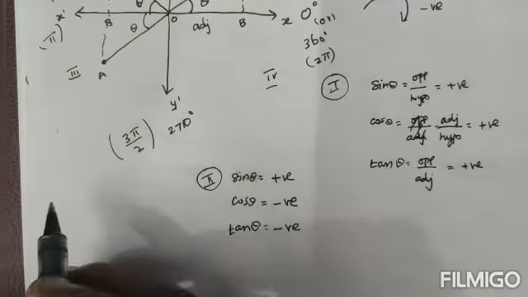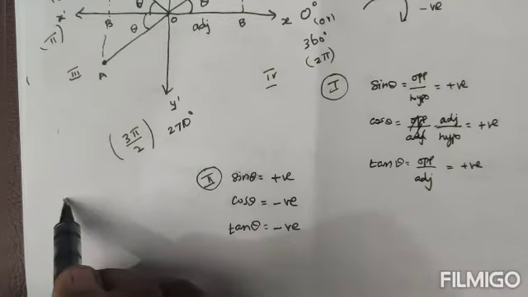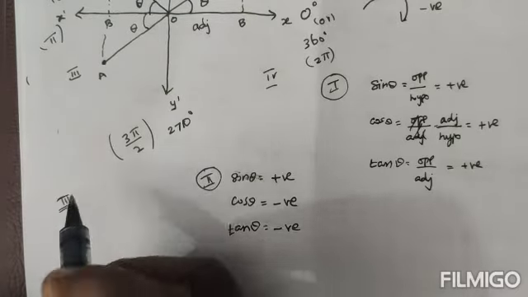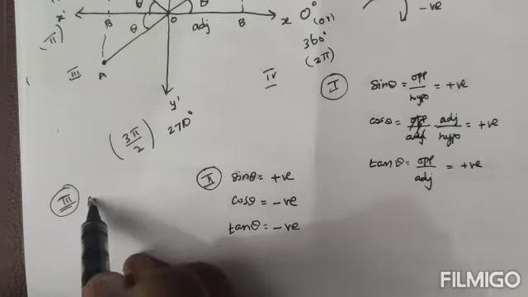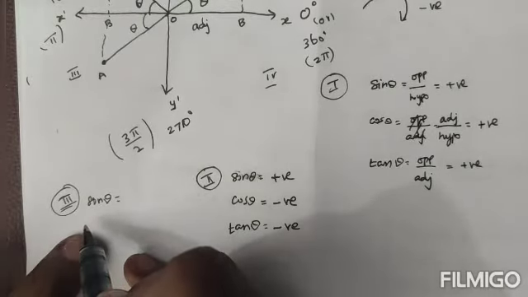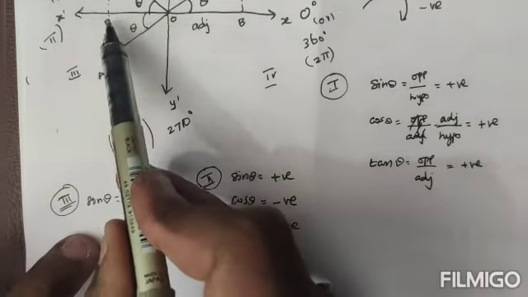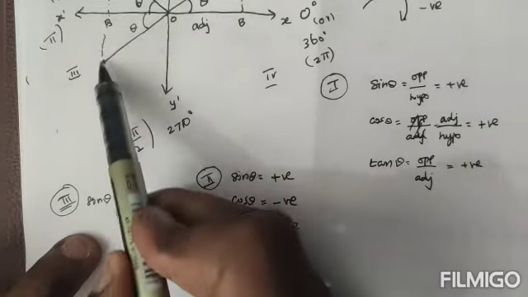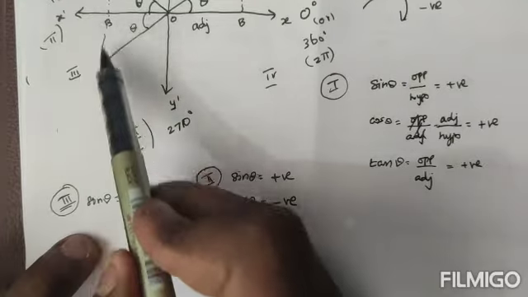Okay, so now I can write for the third quadrant. First sin theta. Sin theta formula, you know, opposite divided by hypotenuse. Opposite what? That is y dash, that is negative.